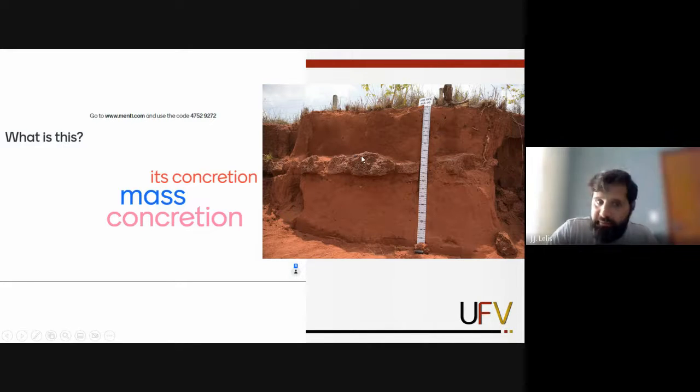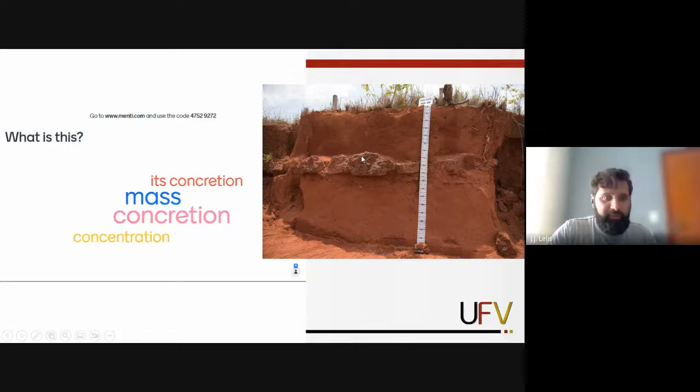This is a mass, it's a nodule, it's a concretion. Okay. So let's go. This is not a mass because it seems very hard to break.